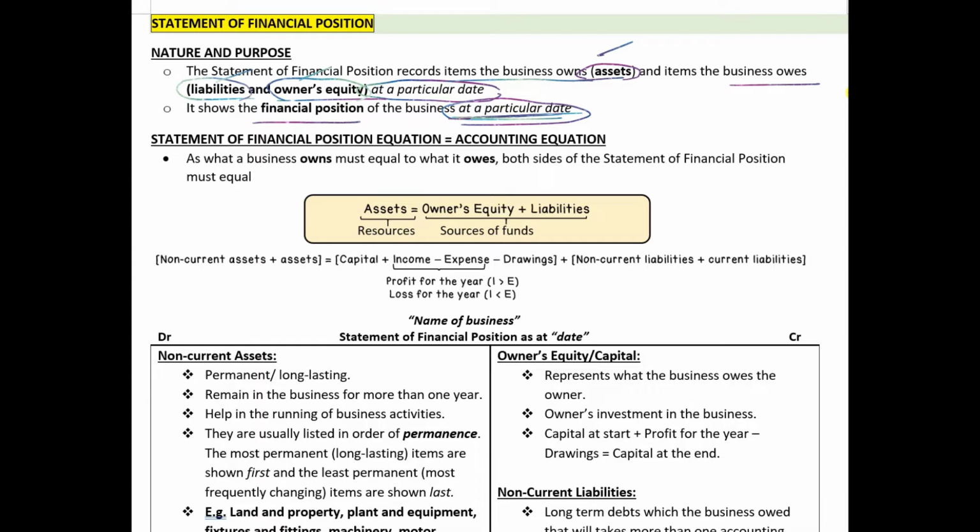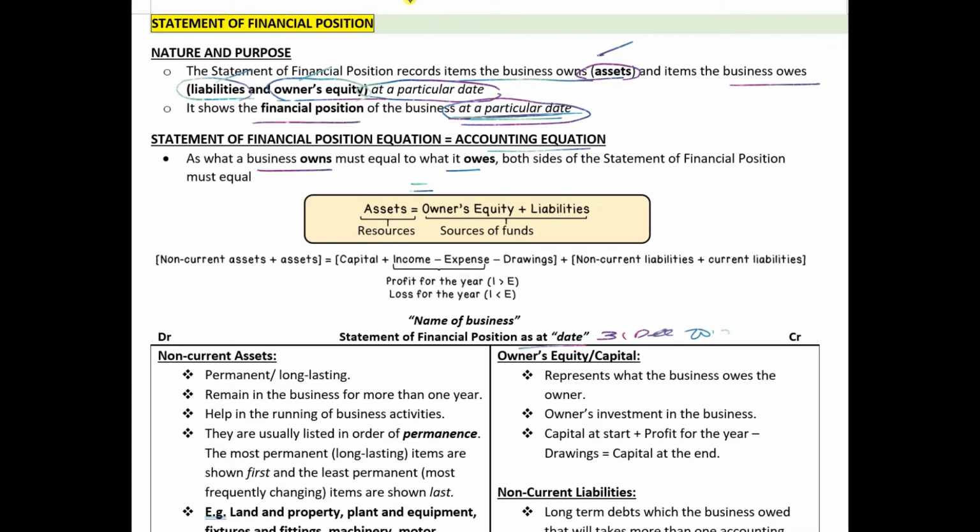For example, statement of financial position at 31st December 2010, okay? It will show a particular date. As I said, it will reflect the accounting equation, as what the business owns must equal what it owes, okay? So both these sides must be equal, okay?